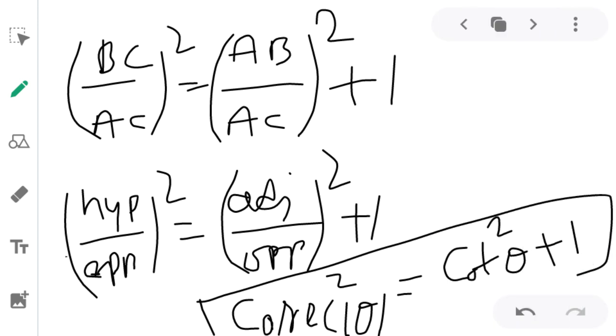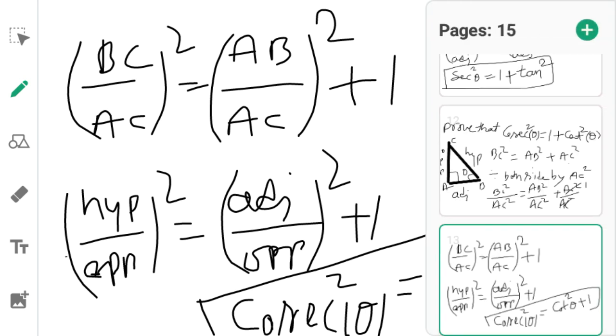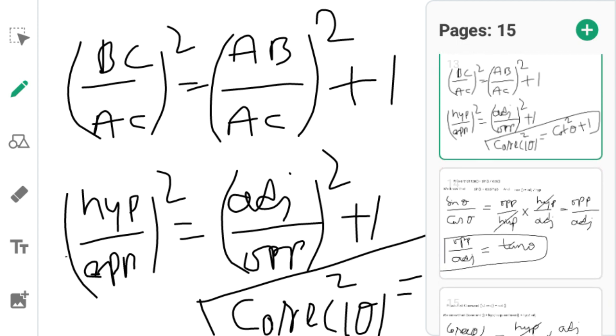You can observe the ratio here. Hypotenuse by opposite is the fourth ratio, equal to adjacent by opposite is the sixth ratio, both squared, plus 1. In this way, I have proven the relation between the trigonometrical ratios. These ratios will help in solving many problems. I will give you some examples of how to solve the problems in the next video.